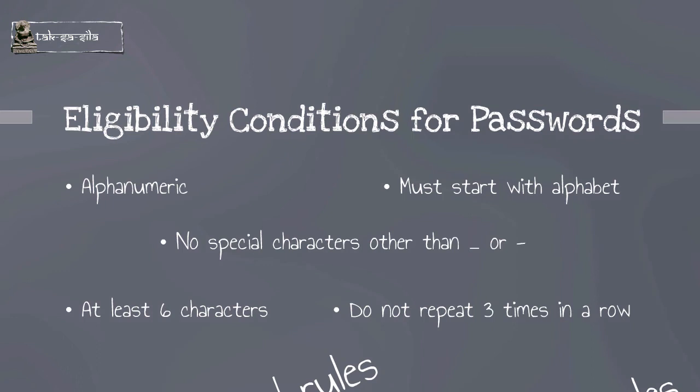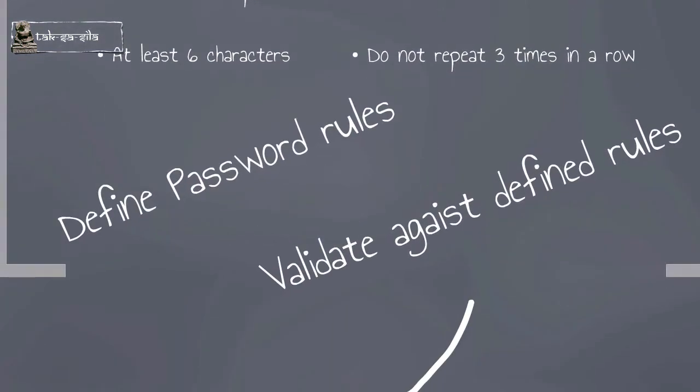It must start with an alphabet. It must not contain any special character apart from underscore or hyphen. It should have at least 6 characters, and the same character must not be repeated 3 or more times in a row. In this case, a simple program has been written to validate your password against the defined rules.